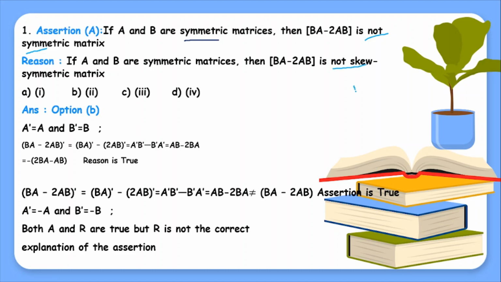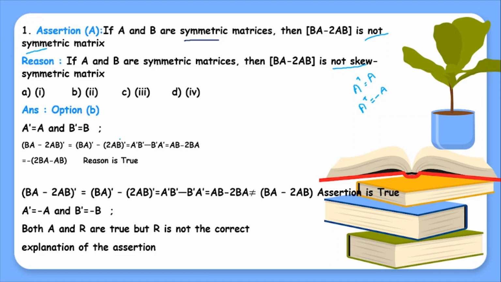What is skew symmetric? If A transpose is equal to A, it is symmetric. If A transpose is equal to minus A, it is skew symmetric. This is the difference between symmetric and skew symmetric.